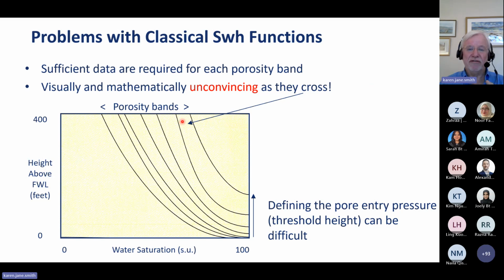So visually, they're unconvincing, and mathematically, they're incorrect. And also, before you can derive a curve for these porosity bands, you'd have to first define this offset for the pore entry pressure for the different porosities. So you can see this was a major problem.